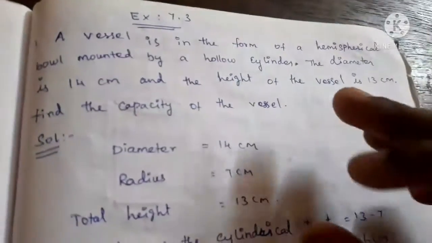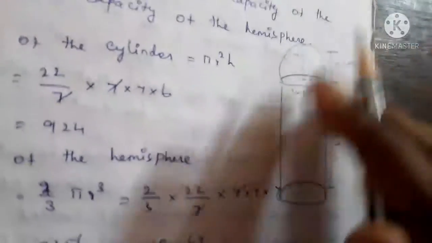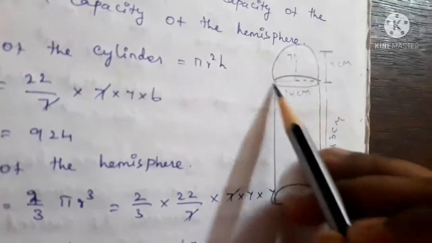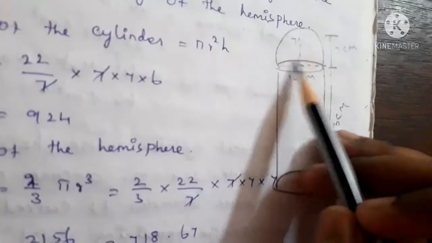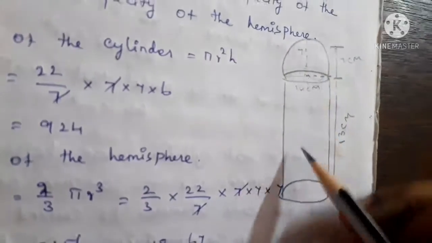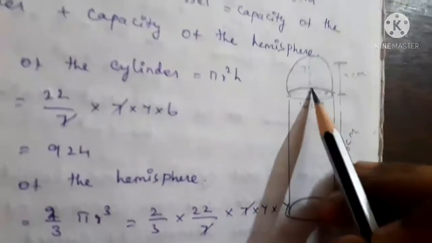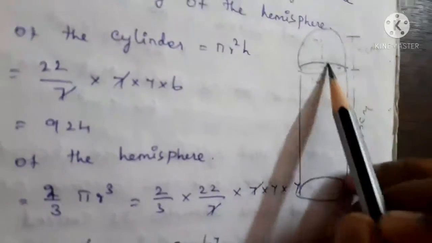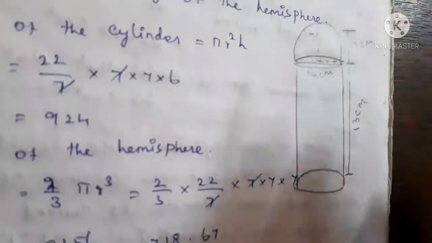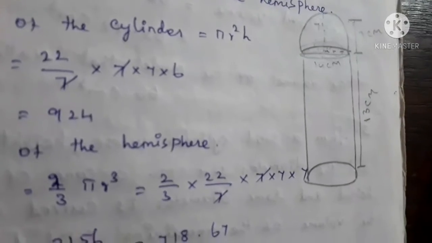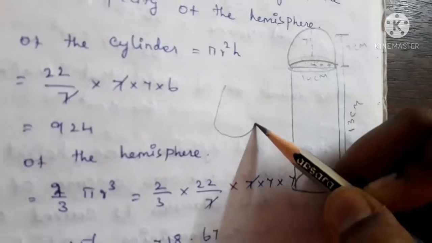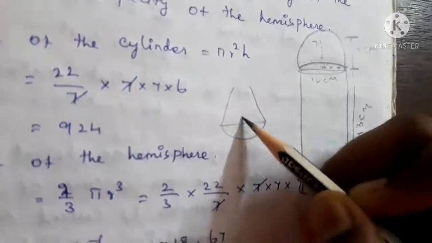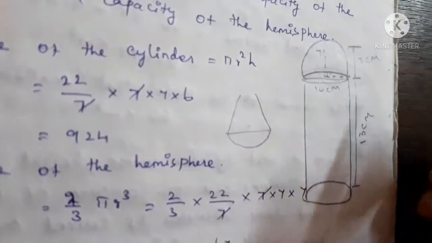So what is said means the diameter is 14. If the top portion of the hemisphere and the bottom portion of the cylinder are joined, then both their diameter and radius will be the same. You can't have a vessel like this having a larger diameter in the hemisphere and a smaller diameter in the cylinder, not like that.